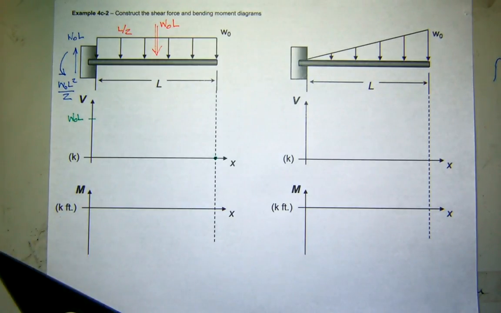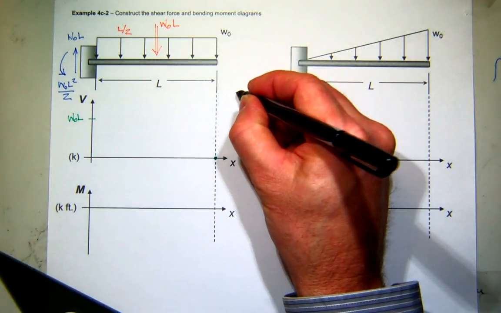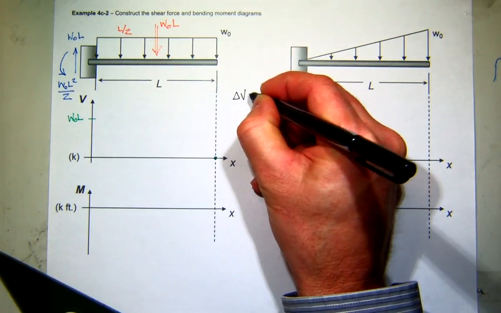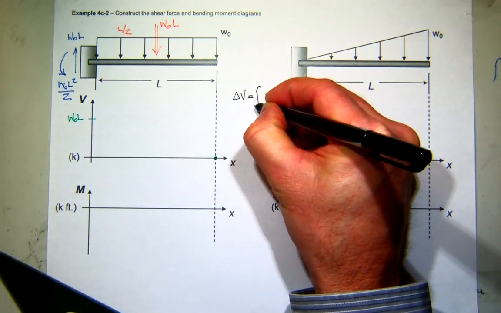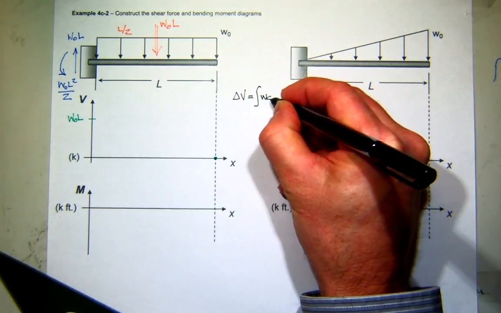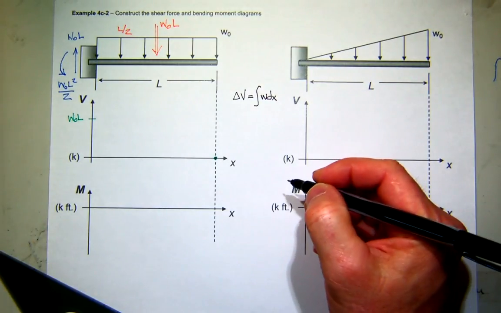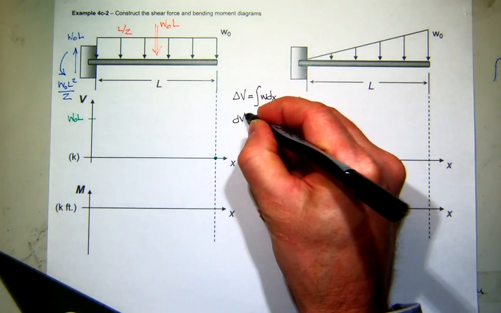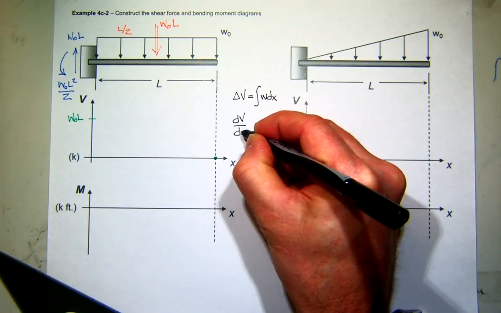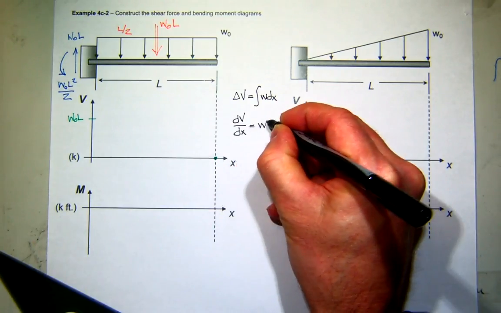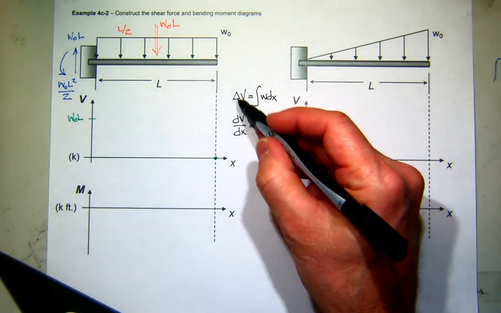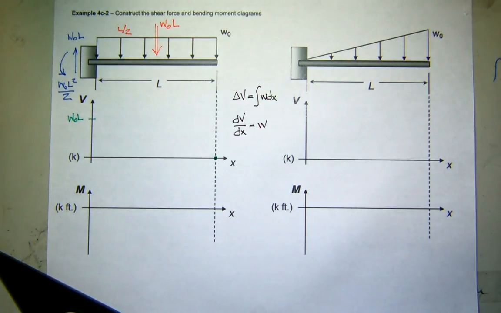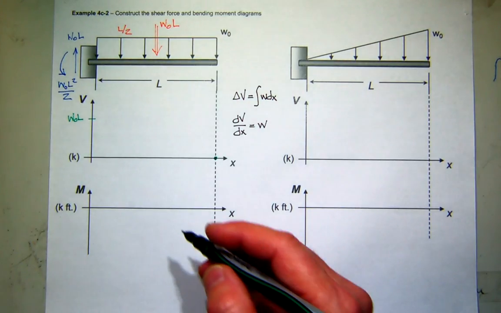So again, let's remember our relationships that we've been using. So we know that the change in shear is the area under the load curve. And then that the slope of the shear diagram is equal to the load. So let's first start with the integral relationship.